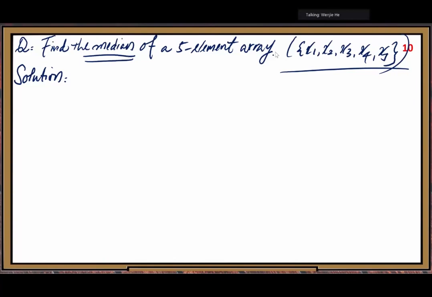So your target here, less than 7 comparisons. Because if 7, we just sort it, then we pick the median.